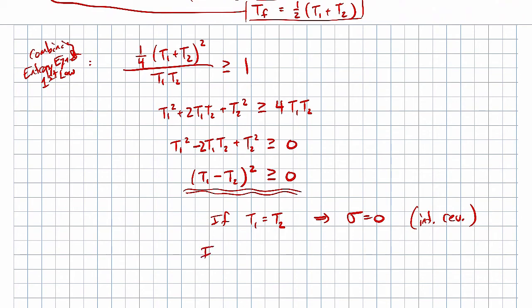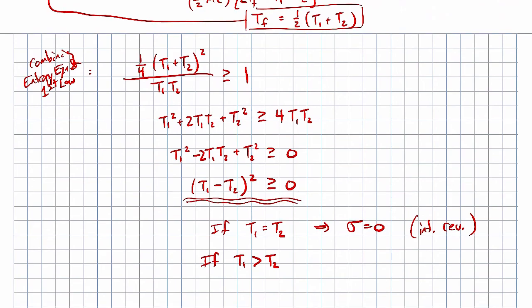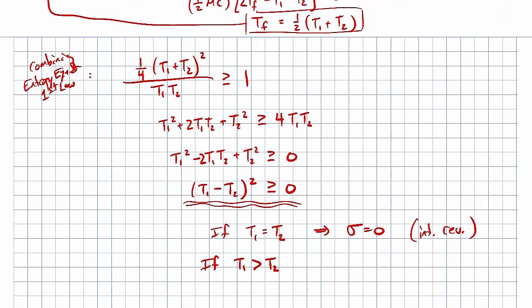But if T1 is greater than T2, then when you look up in the expression here, you'll get a positive number, square it, that's still positive. So in that particular case, sigma will be greater than 0. And that will give you an internally irreversible process.